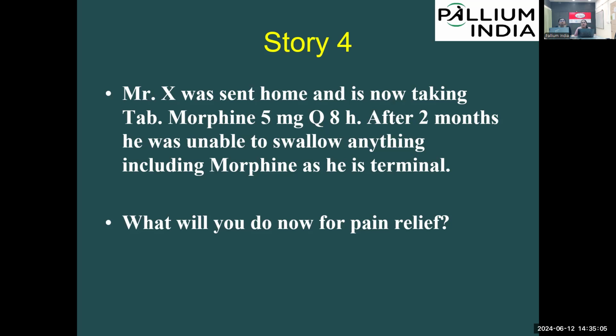The patient has advanced cancer, so the disease was progressing and the physical condition deteriorating. After 2 months, the patient is at a stage where he is unable to swallow anything, and he was finding it difficult to take the medication orally also. And he is at home.